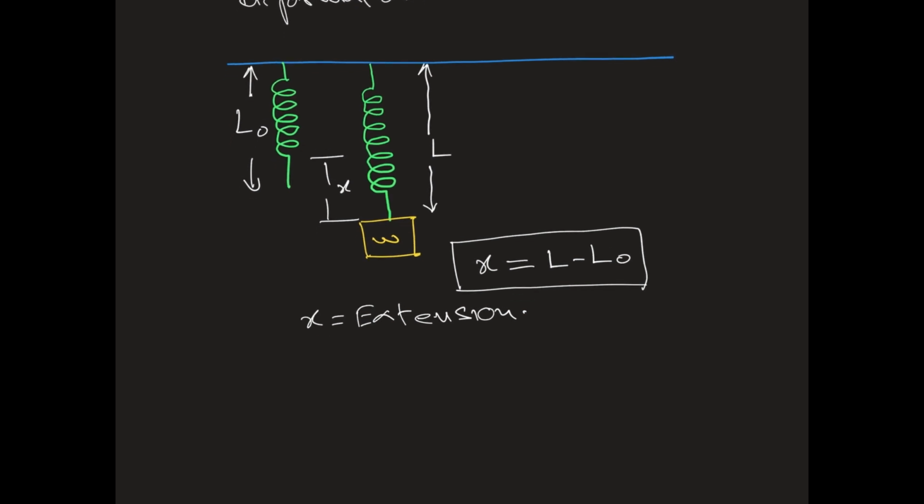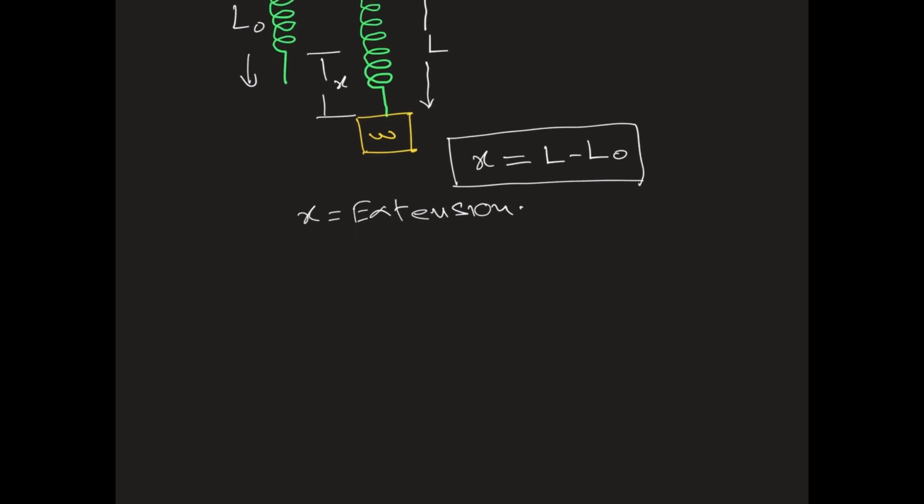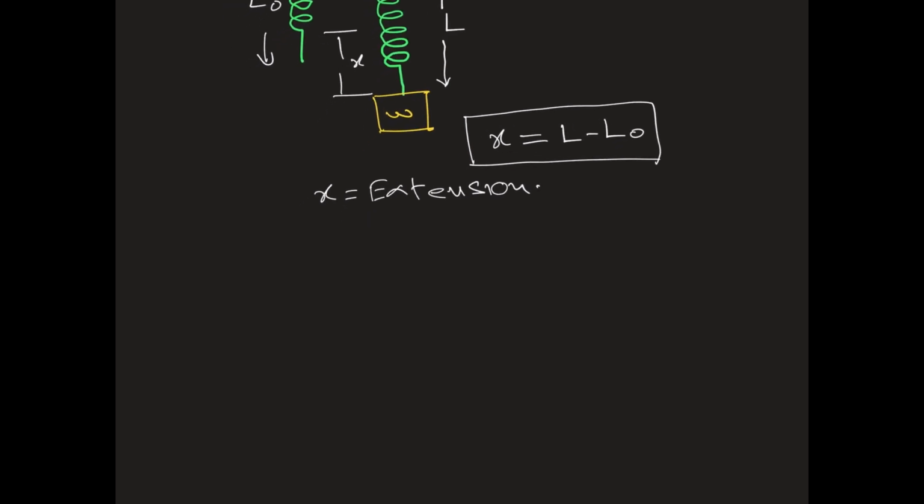So extension can be found by subtracting the original length from the extended length. So L is the extended length, L naught is the original length. You subtract both of the two and you will get the extension. Now there is a law associated with this.